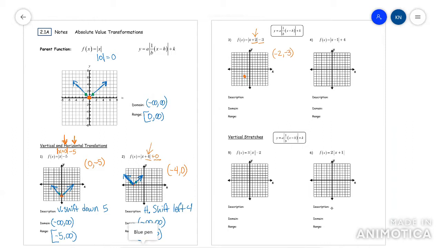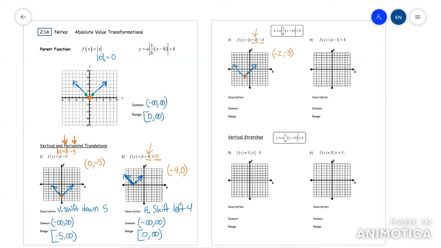Now, we didn't stretch or compress or do anything weird to this one, so it still just takes a 1-to-1. It's 1-to-1 away from it here, just like this. And that would be my function.